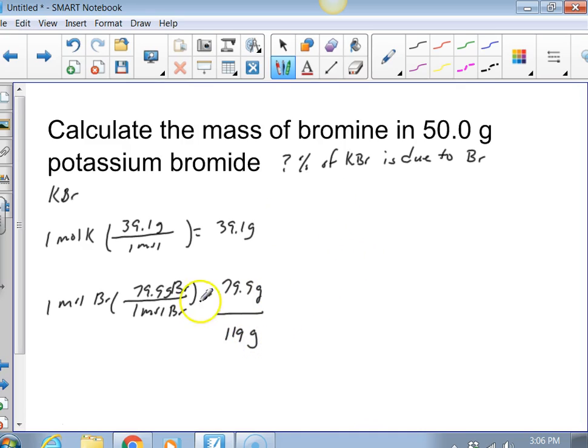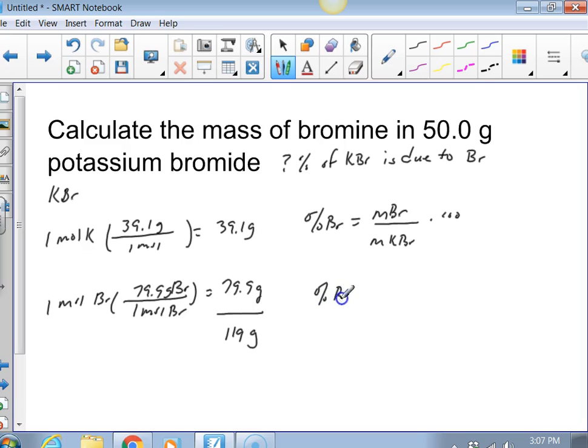So then we're only interested in bromine this time, so our percent bromine is equal to the mass of bromine, we only have one of them, divided by the mass of KBr times 100.